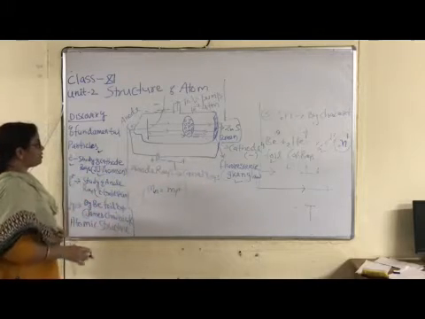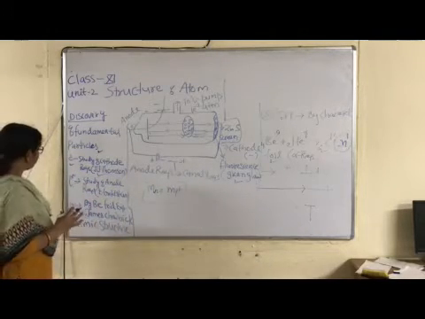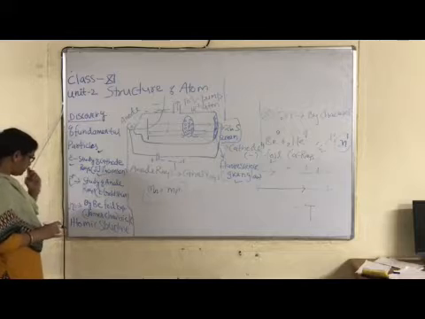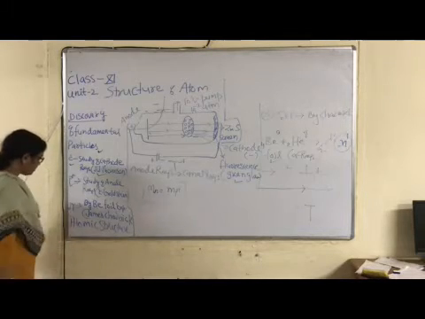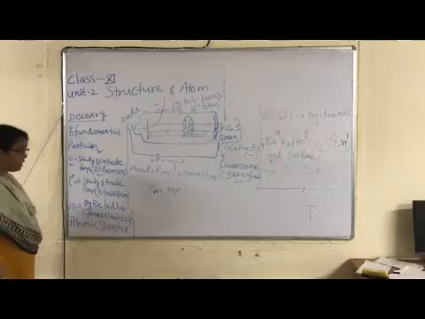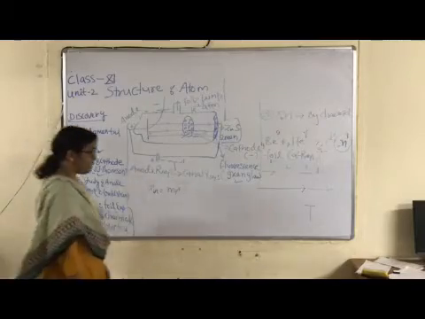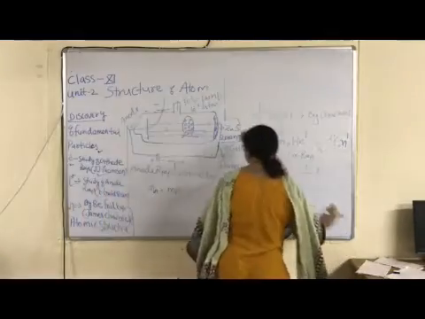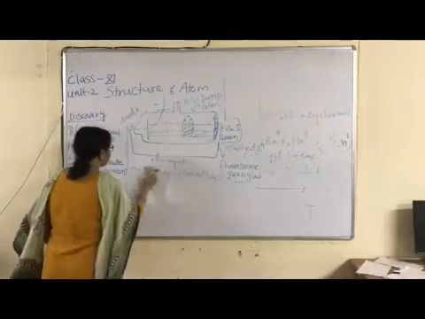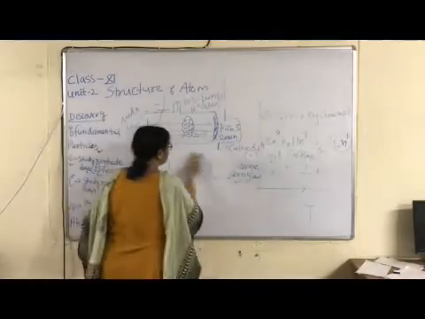Okay children, now after the discovery of fundamental particles, the next content is atomic structure, the arrangement of different fundamental particles in the atom. So first of all, who made an attempt?